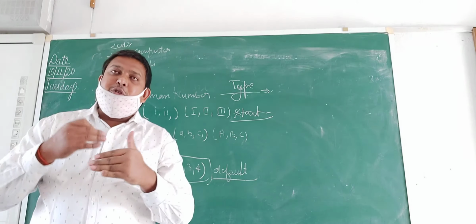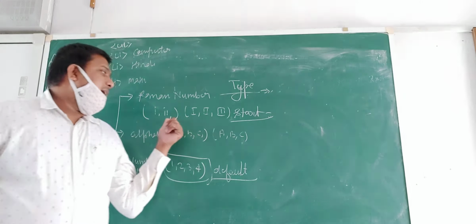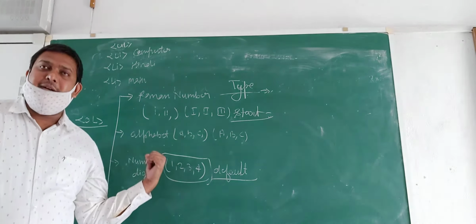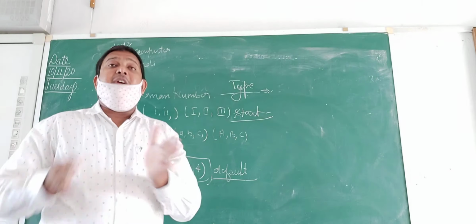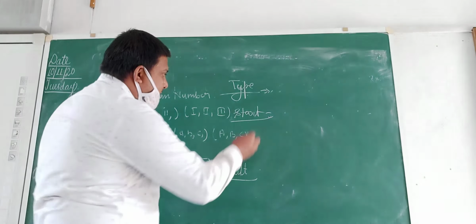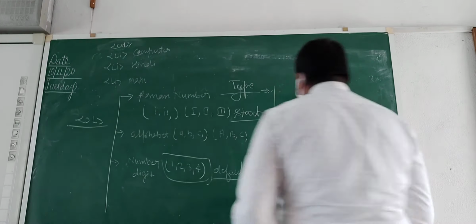And if we want to use a different type of list in the ordered list, for example, small Roman number, capital Roman number, small alphabet, capital alphabet, for that we have the type attribute. Which type of ordered list are you going to use? So look here, what will be the value of the type attribute?